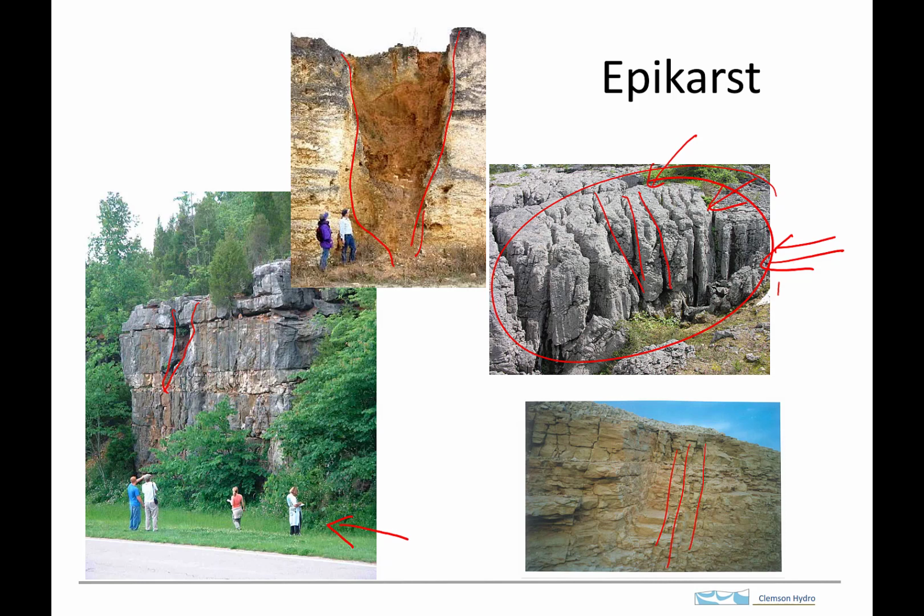So you can see we might have some clays here in this residuum in this sinkhole, although it's a little hard to tell. Up here in Mammoth Cave, this is all solid limestone, but up here at the top there are going to be some residual soils.